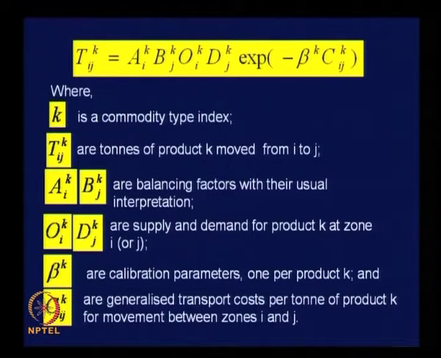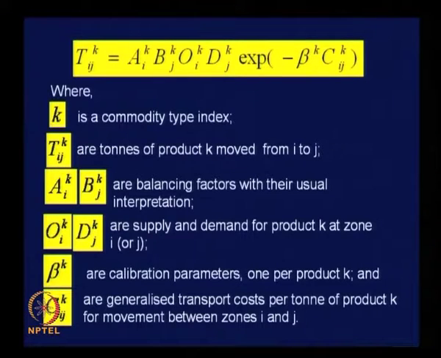And Cij or generalized transport costs per ton of product for movement between zones I and J. This is generalized cost of transportation, and this in practice is used as a friction factor expressed as a function. Generalized cost is expressed here as e power minus beta k Cij, isn't it, exponent of minus beta k, because it is going to have a reducing effect as the generalized cost increases.